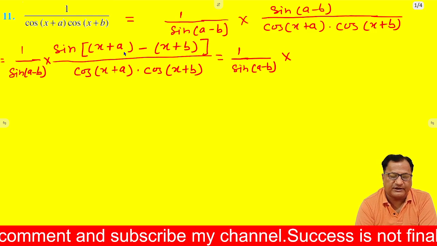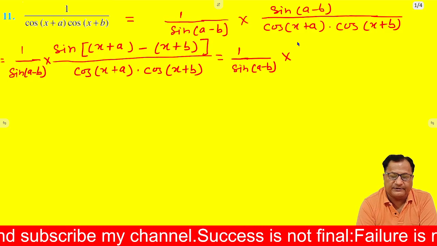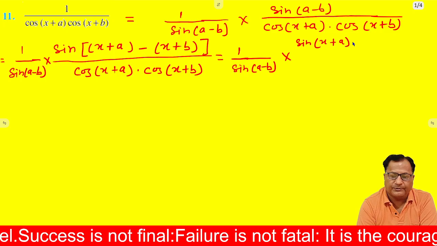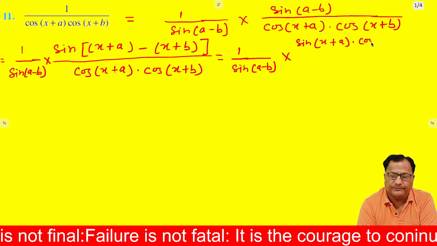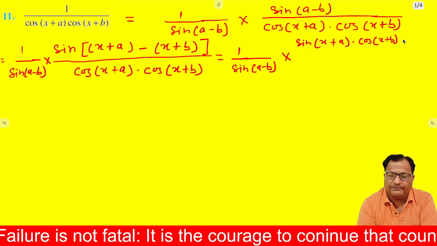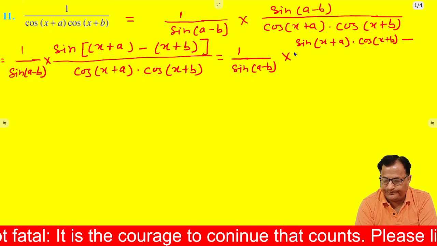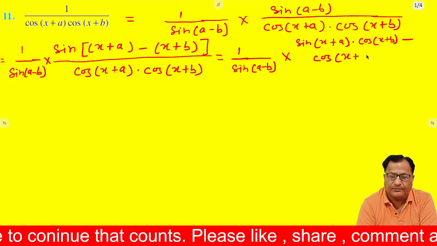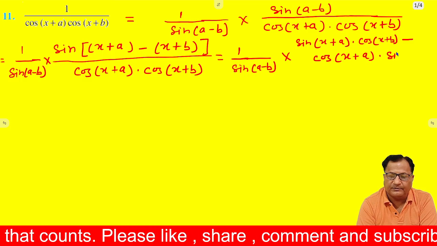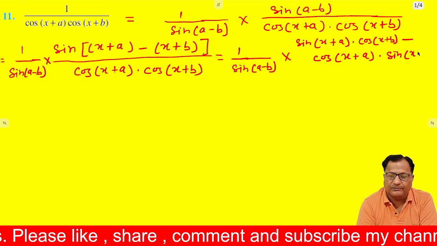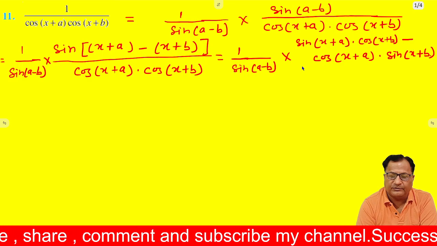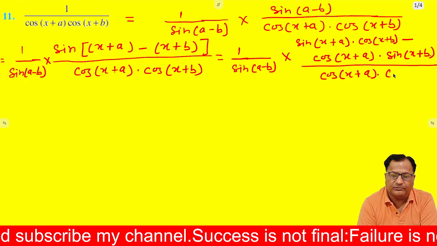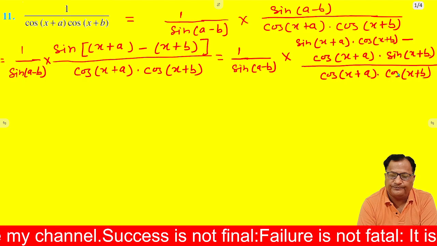The formula is sin(A minus B), so sin A cos B minus cos A sin B, divided by cos(x plus A) into cos(x plus B).